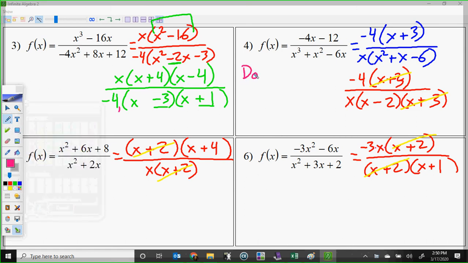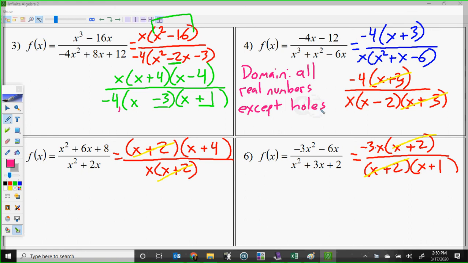Domain is all real numbers except holes and vertical asymptotes.